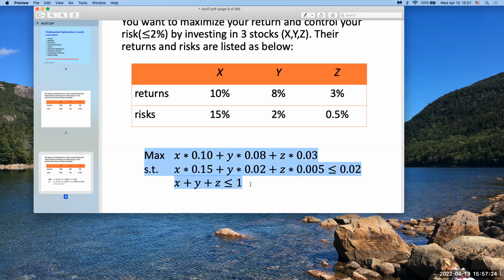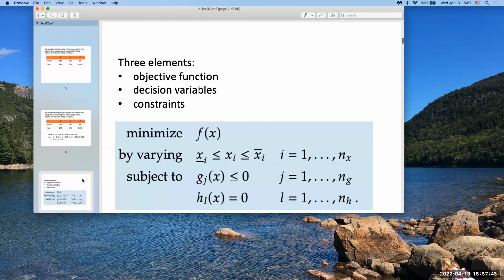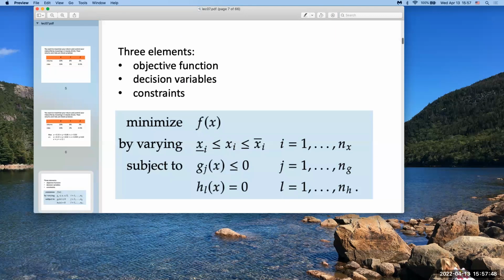Okay. So basically we got the mathematical format. We got 3 pieces of information. First, the objective function. Second, the constraints. And another hidden part, the changing variables. And in this example, that's x and y and z. Okay, so once we formulate, there are 3 elements of any optimization problem: the objective function, the decision variables or changing variables, and the constraints.